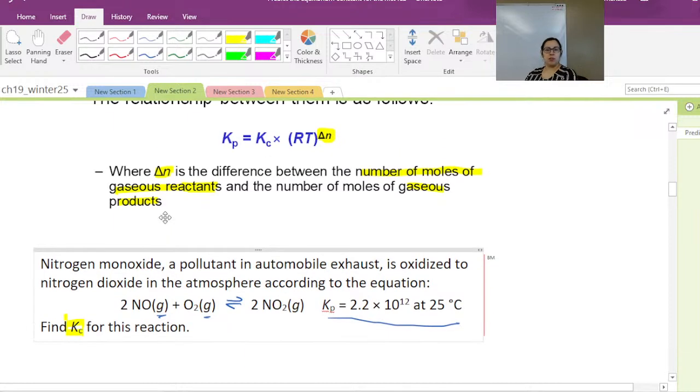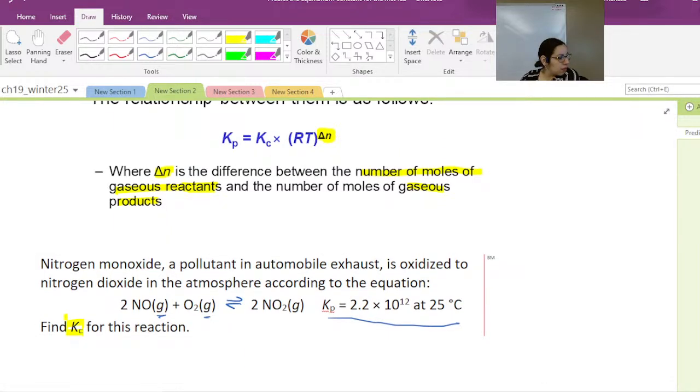So how is this one going here? Let's start off with, what's our change in moles here? It's the difference of 1 mole.